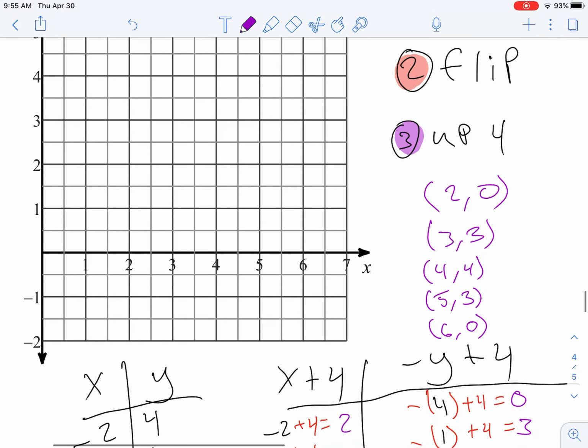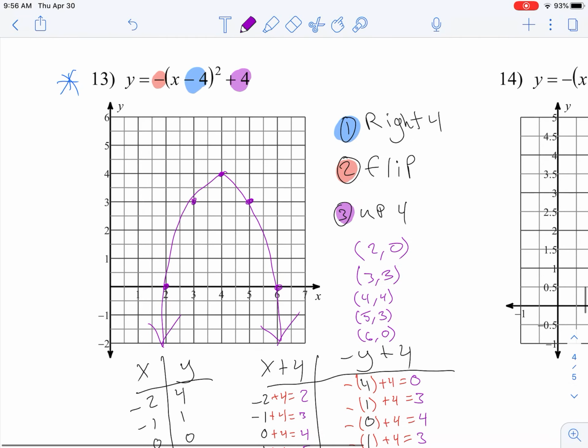Okay, and then we're saying 2, 0 would be right here. 3, 3 would be up here. 4, 4. 5, 3. 6, 0. And there's my parabola. And it should make sense that it's flipped, that it's facing down, because it's negative. So that's a good way to check to see if I did it right.